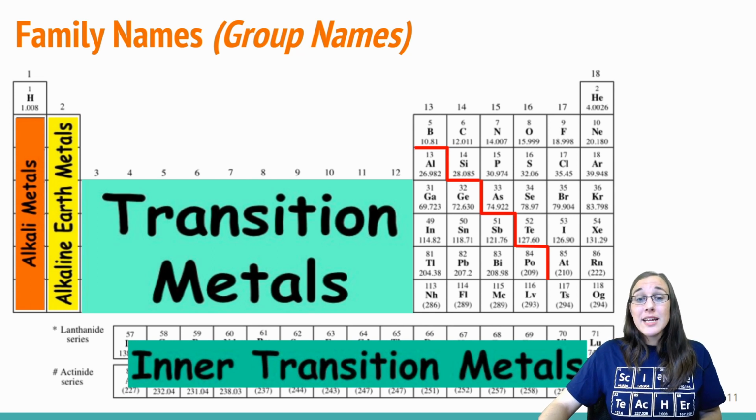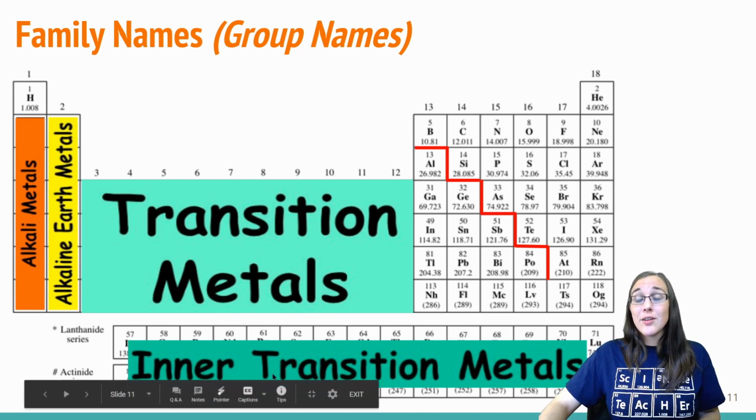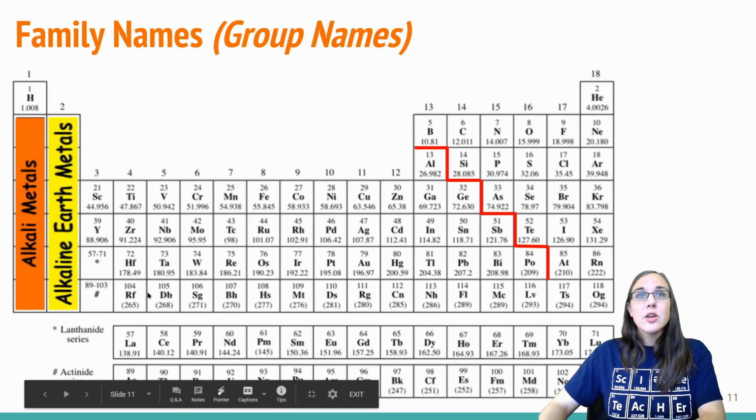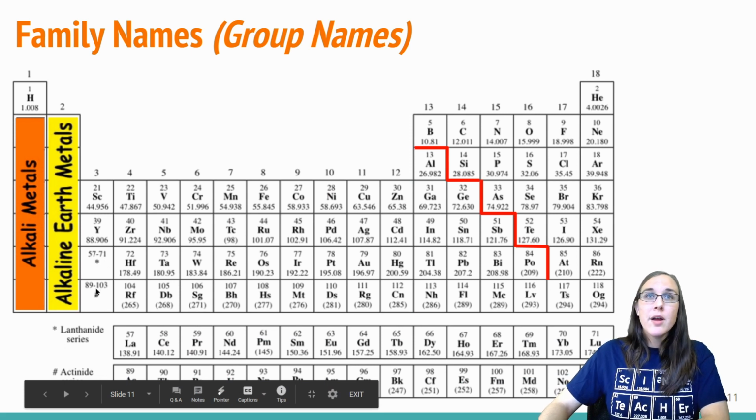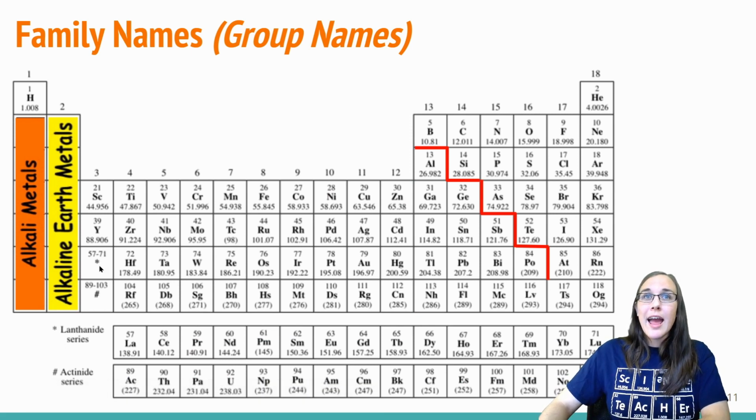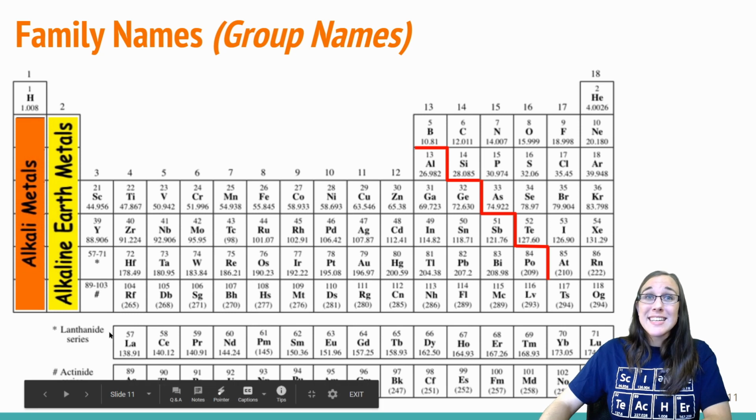Then down here, we're looking at inner transition metals. So if we go back, you can kind of see that on the periodic table, there's a little star and a hashtag, a number sign. So hashtag for all of you youngins out there. We've got a star and a number sign, and that means that technically these two levels right here are supposed to be squeezed in right there.